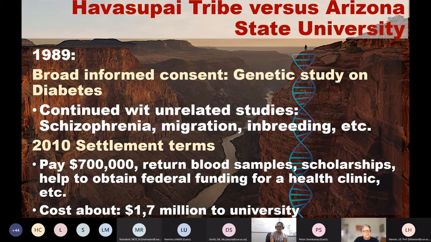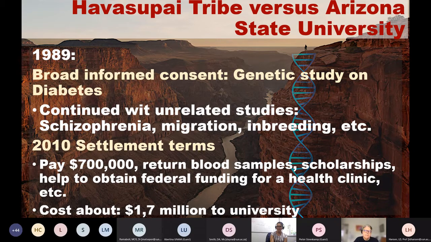Now, I'm not talking in detail about history, but I just thought this one example for me was always very informative. And that was the Havasupai trial in the Grand Canyon in the USA. And this community, a very small community, is very difficult to get to. It's very secluded. But they had academics and people visiting them over time.